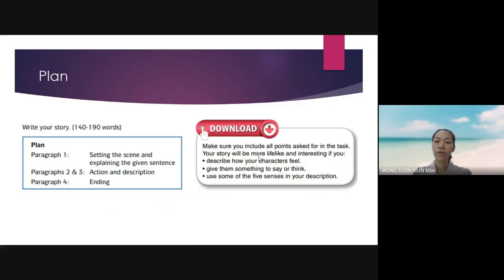Your story will be more lifelike and interesting if you describe how your characters feel. Like I say, feeling. Just now you have done in activity 1 and 2 verbs, adverbs, adjectives. These are to help you to describe how the characters feel.